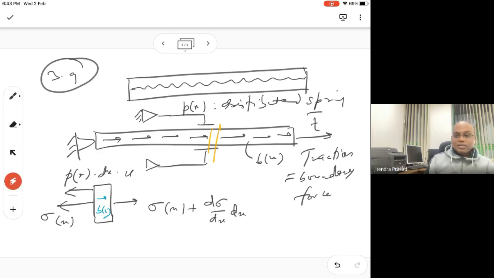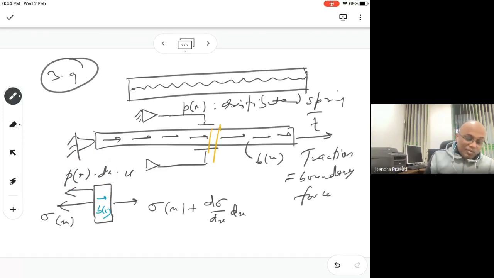That's what its meaning is. Px is like a spring constant, but it is distributed. It's given per unit length. So you have to multiply it by dx, and px times dx is the spring constant, multiplied by u is the force.